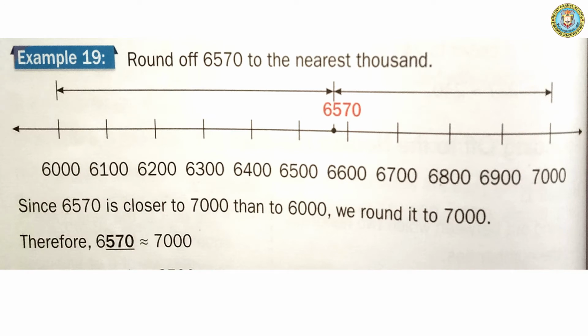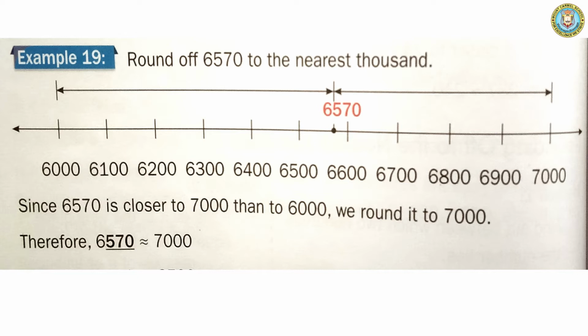Now once again check the image. In that you can see the number line is there, and from 6000 to 7000 they have divided into 100. One part is 100. See here 6570, you can see it is nearer to 7000.